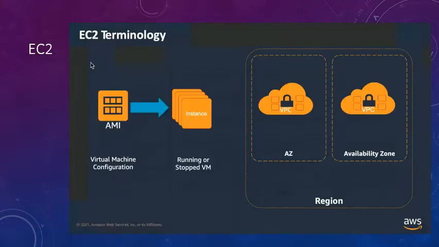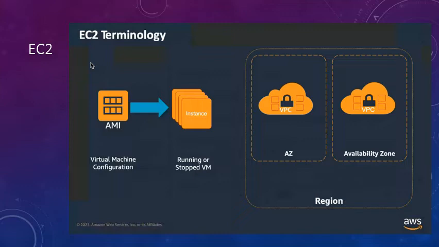So just to get another little bit of terminology out of the way, EC2, as we talked about, is Elastic Compute Cloud. It's basically the virtual servers or the virtual machines in the cloud. Here's some terminology around EC2s. An EC2 server is created from an AMI. An AMI is an Amazon Machine Image.